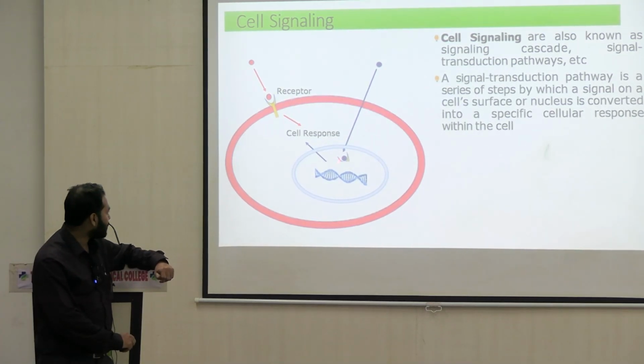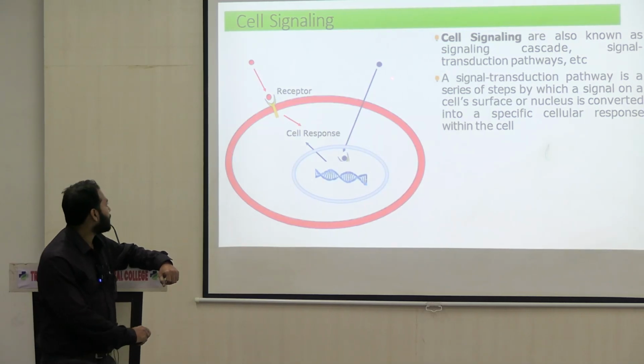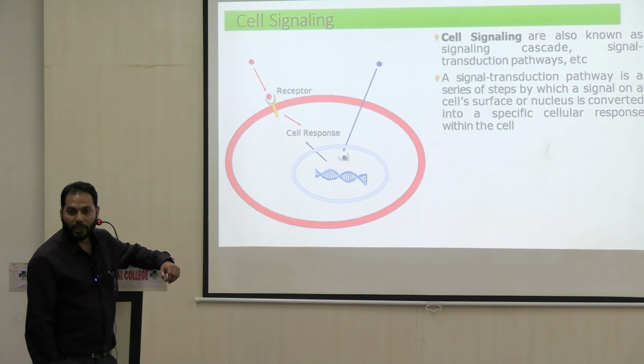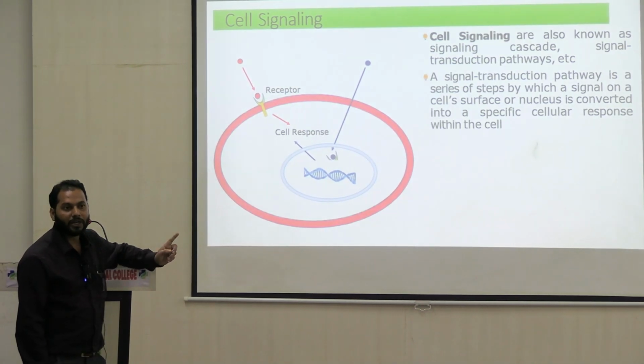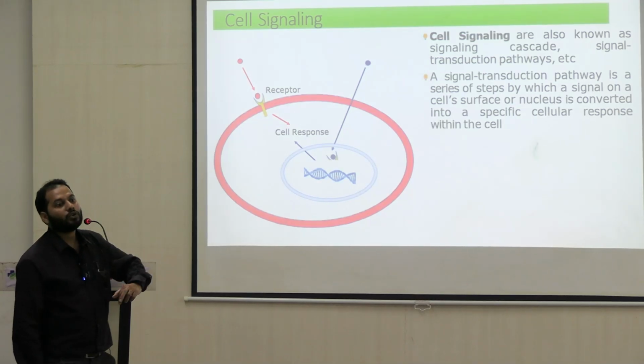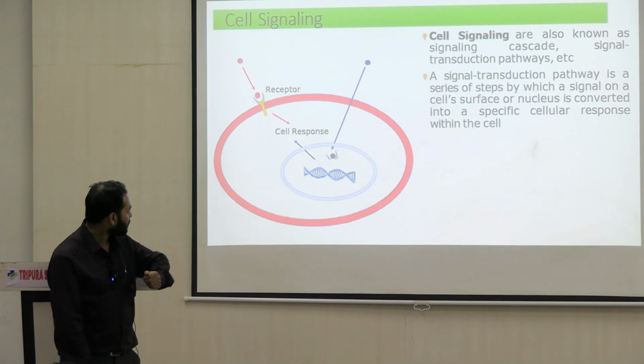Whereas there is another receptor which is present inside the nucleus, right? And that signaling molecule just crosses the cell membrane barrier and binds to the nuclear receptor. If you see the pattern of response, after binding of two different signaling molecules to two different receptors, the cell will give two different types of response, right?